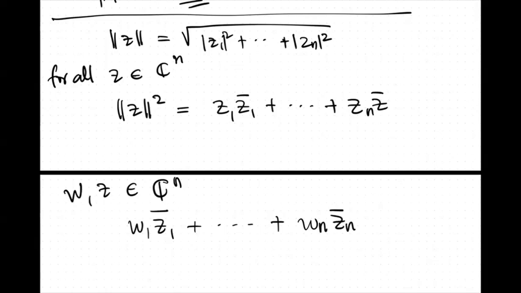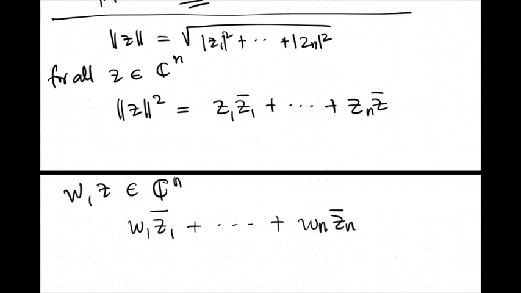So this is just the inner product of W and Z, where of course W is an ordered tuple W1 to Wn in C^n. If the roles of W and Z are interchanged, the expression above would be replaced with its complex conjugate. In other words, we should expect that the inner product of W and Z equals the complex conjugate of the inner product of Z with W.